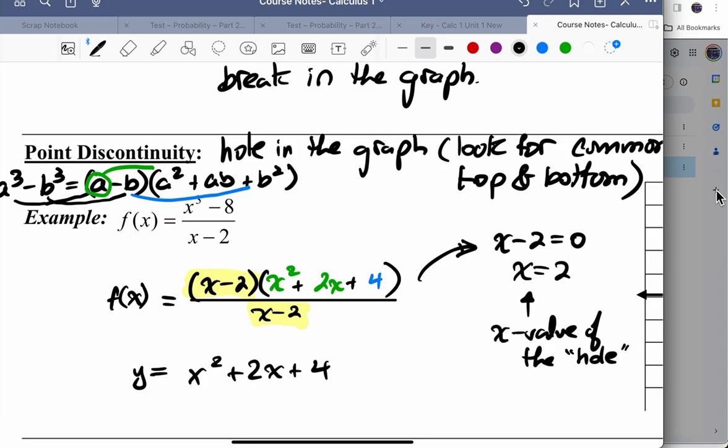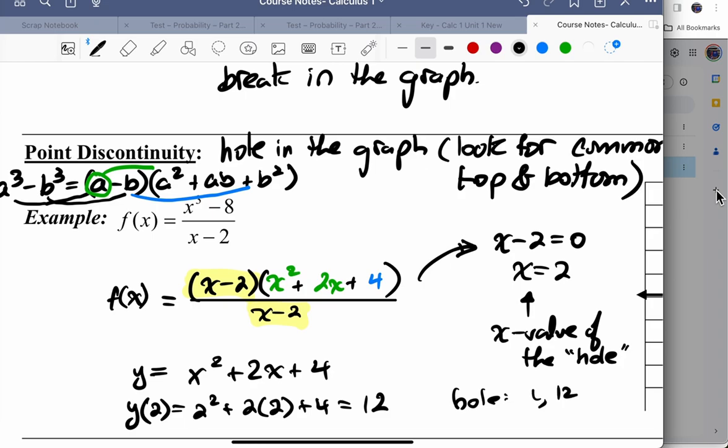You get 0 over 0, which is not equivalent to 0. It's not undefined. It's something called indeterminate that has a special place in the whole hierarchy here. So what I would do is take my simplified form and pop in the 2. So y of 2: 2 squared, 2 times 2, plus 4 is going to give me 12. So the hole is at (2, 12).